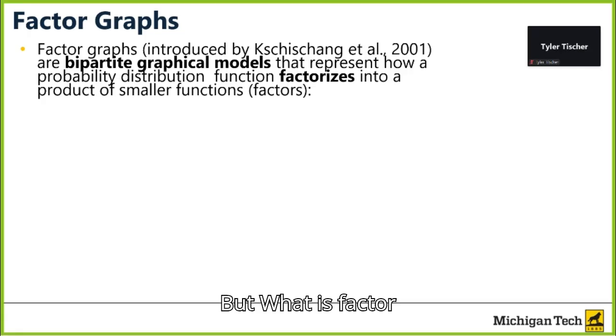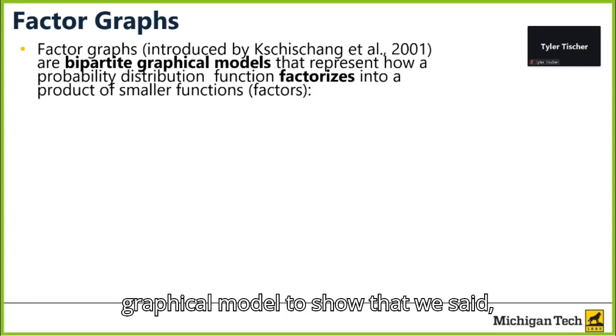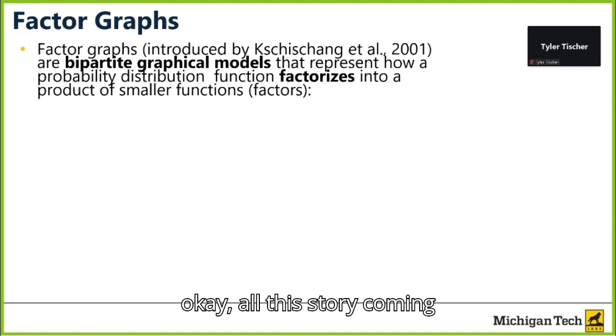But what is a factor graph? Last class we talked about probabilistic perception and graphical models to show that. We said all the story comes from the joint probability.